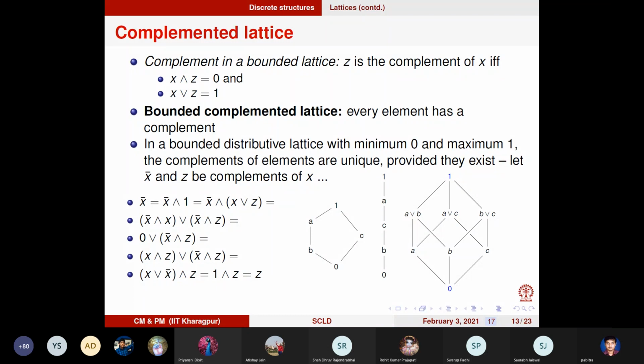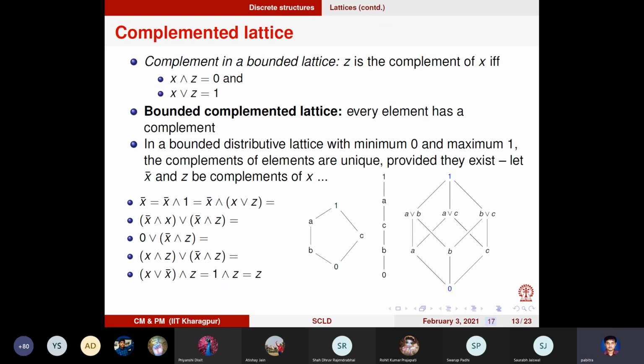What is the complement of A? B join C is the complement of A. Okay.